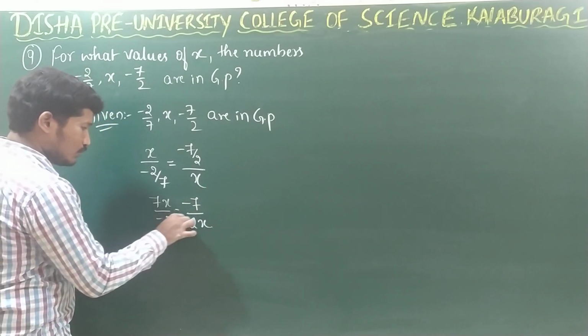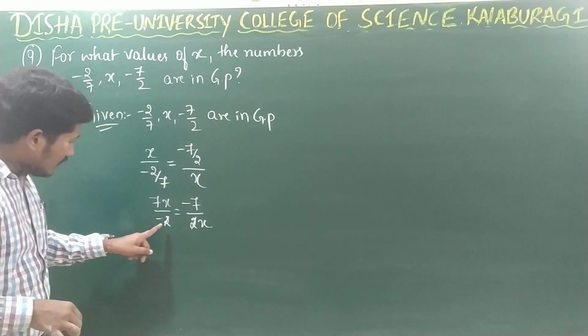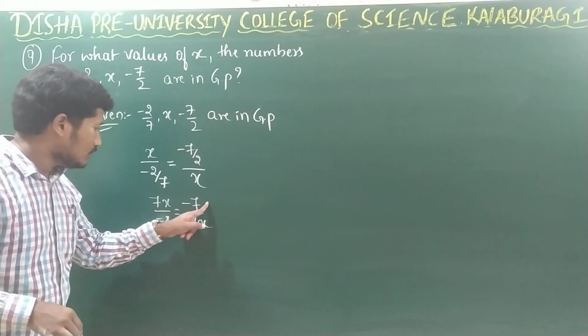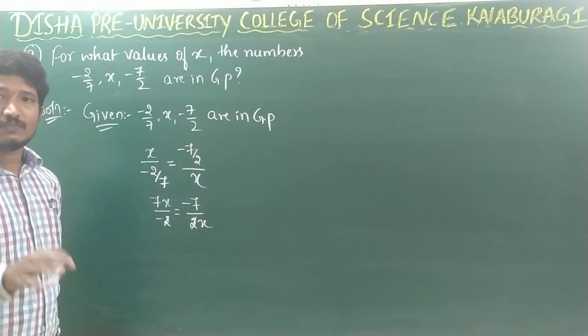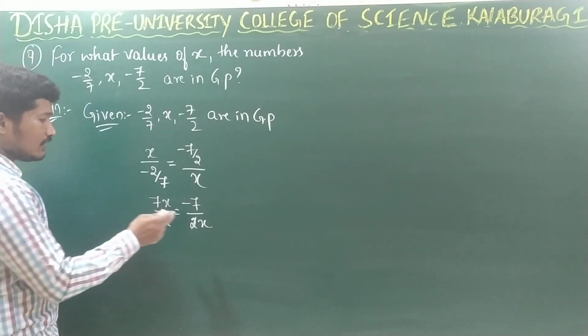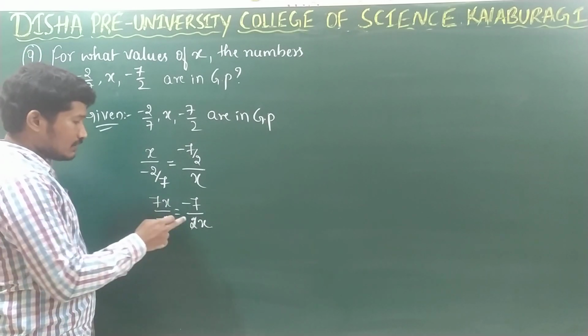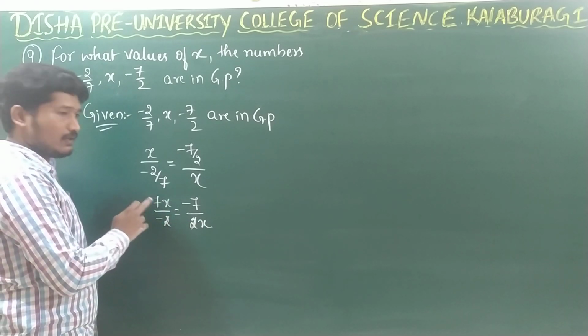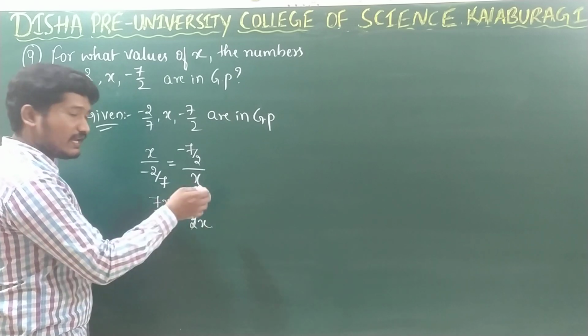Right? So here 2 gets cancelled. That is, if I take 2 to the RHS, it will go to the numerator. So 2 gets cancelled. Now what we do here is, we will cross multiply the terms. I will take x to the LHS, it will come to the numerator. What is x into x? X square.